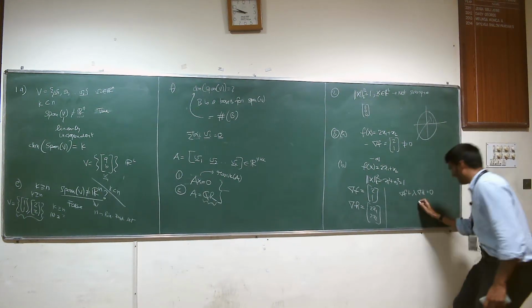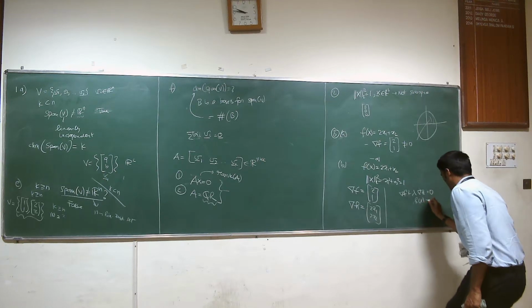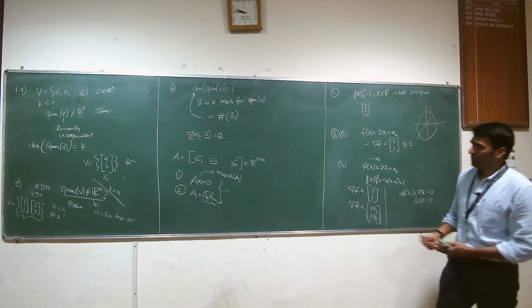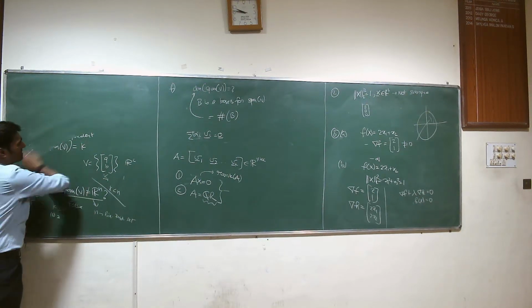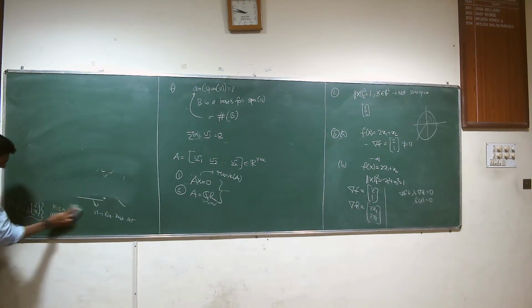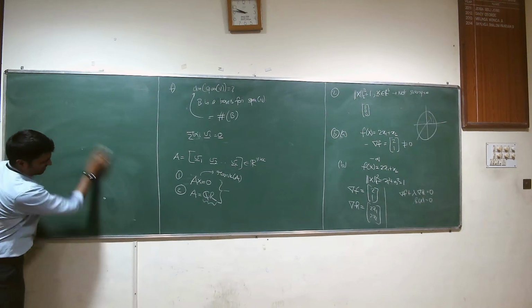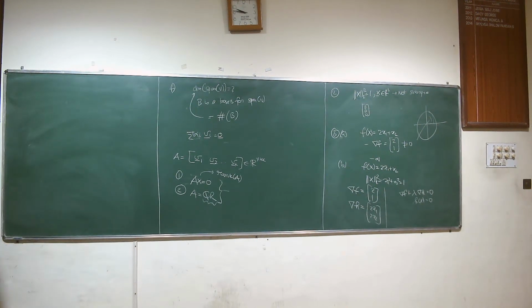Equals 0. And of course, 0. What do you get when you do that? What are the three equations you will get?